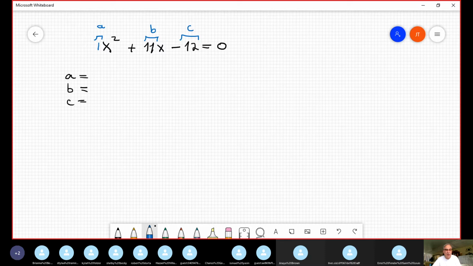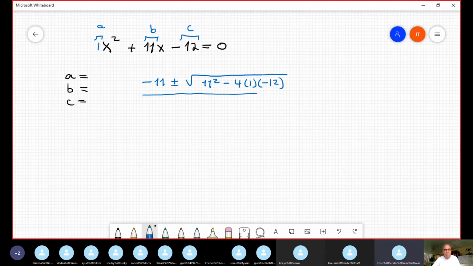My formula says minus B, but minus B is minus 11, plus or minus the square root of 11 squared minus 4 times 1 times negative 12, divided by 2 times 1, just 2.